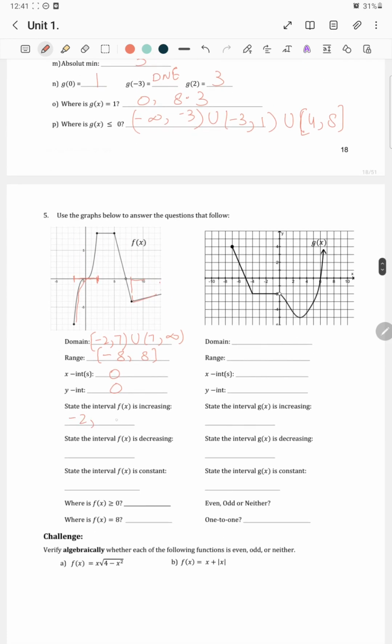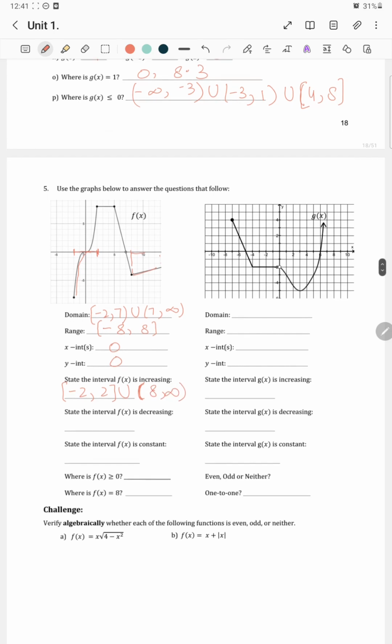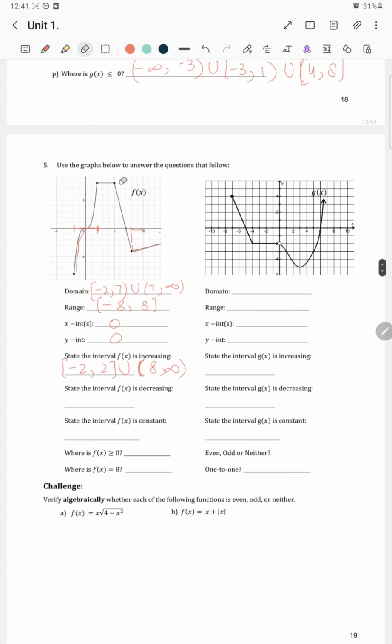So minus 2 to 2 union 8 to positive infinity. F of x is decreasing: 5 to 7 union 7 to 8.